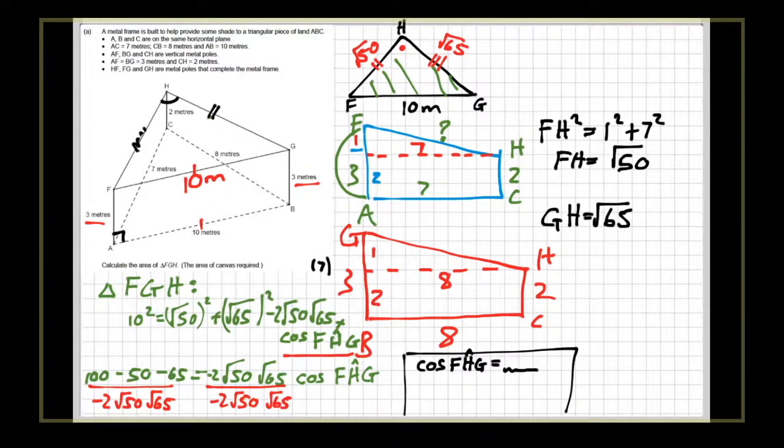So if I calculate that other side, I've got 100 minus 65 minus 50 all over negative 2 times root 65 times root 50. Let's see, it is 0,1315. There we go, 0,131 dot dot dot. If I then calculate angle FHG, it is 82,4 degrees.